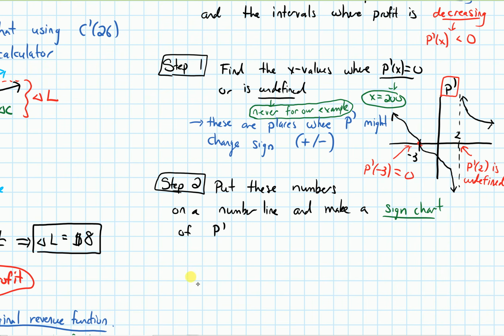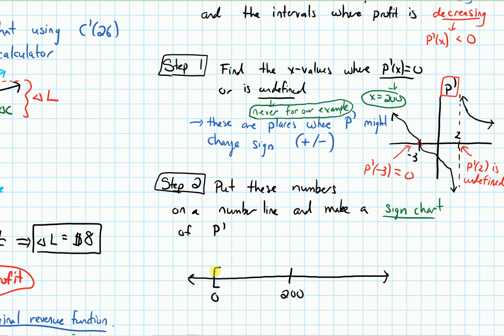Okay, so I'm going to start to make a number line. On the number line, the only number that we got from step 1 was 200. So I put 200 as a tick mark on my number line. There was no other point that made the derivative 0, and there was no point at all that made the derivative undefined.